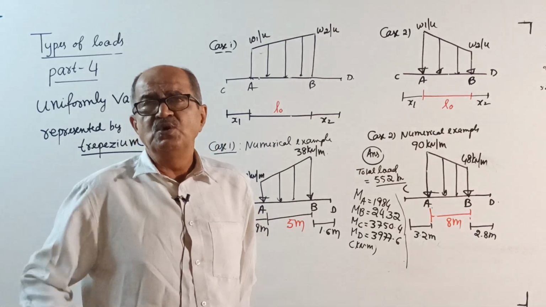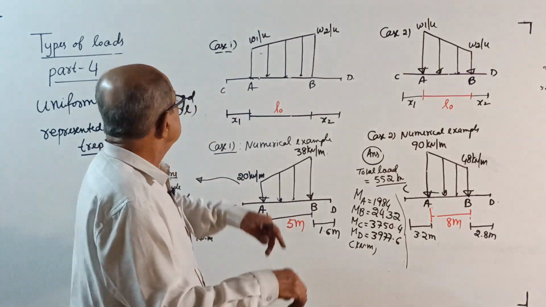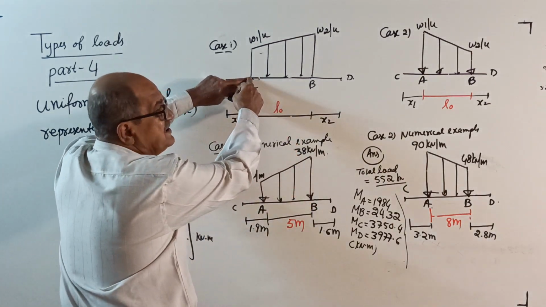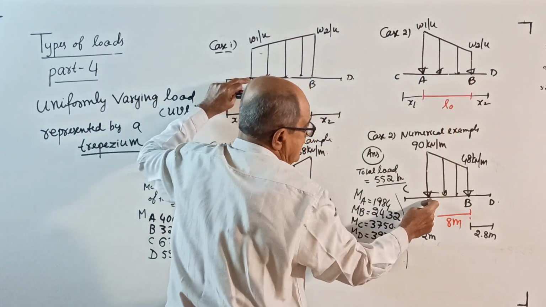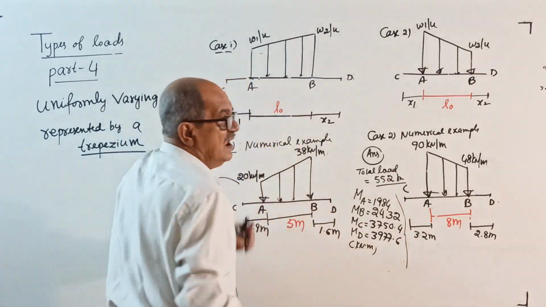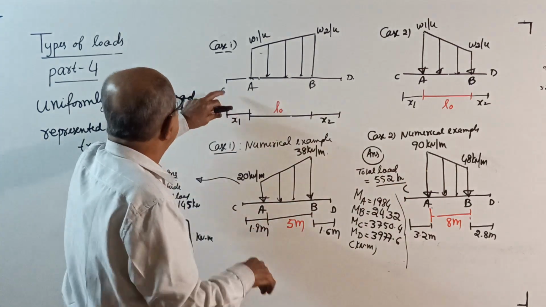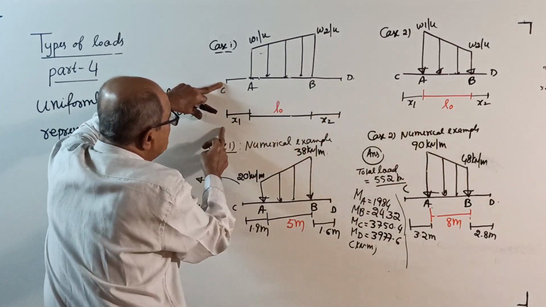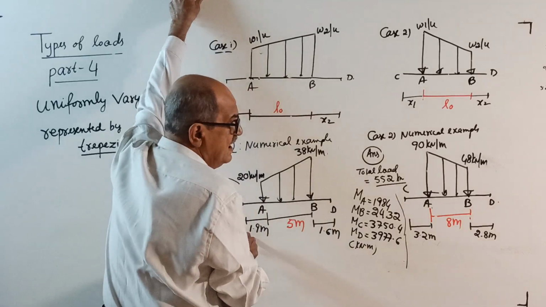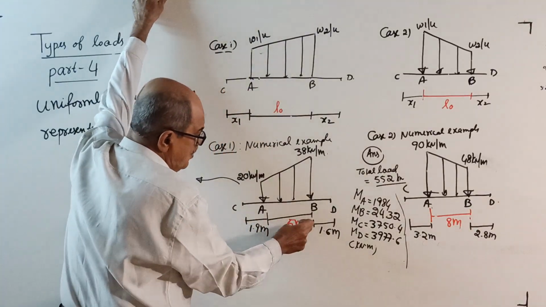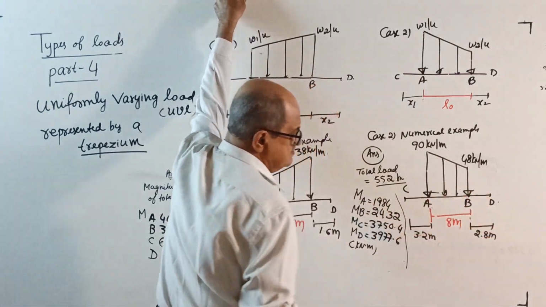And the 4th one, most important, moment of the total load about the left extreme ends of the loaded length, that is A and B, everywhere, A and B. And also 2 points which are outside. Here, C and D, let it be X1, X2. Here also, X1, X2. Here, numerically, I decided 1.9, 1.6. See, no round numbers. 3.2 and 2.8.